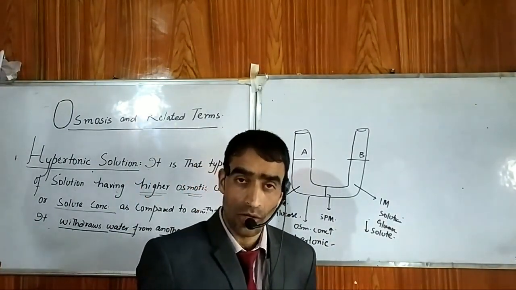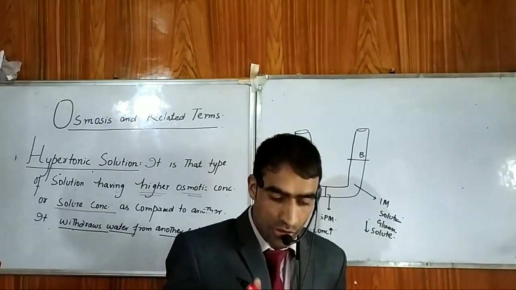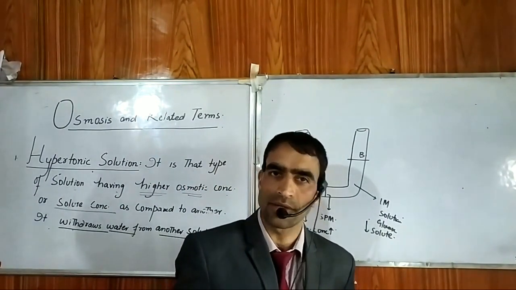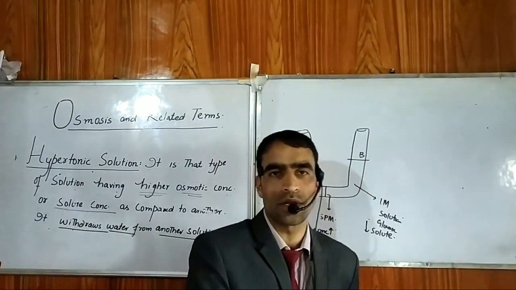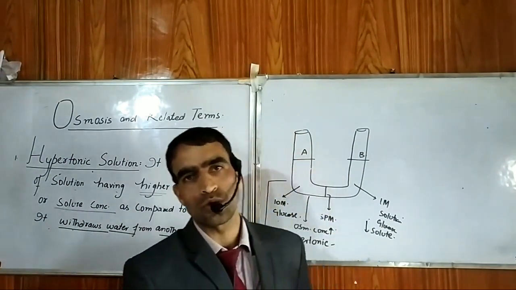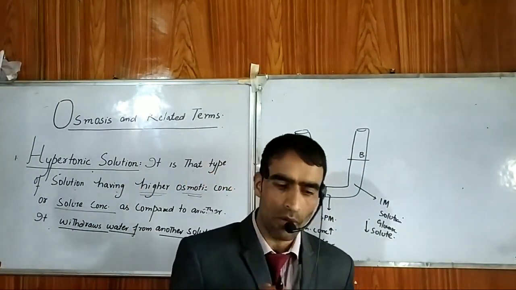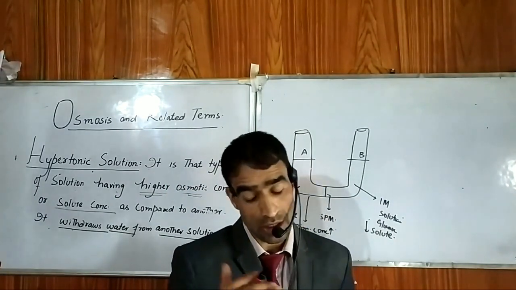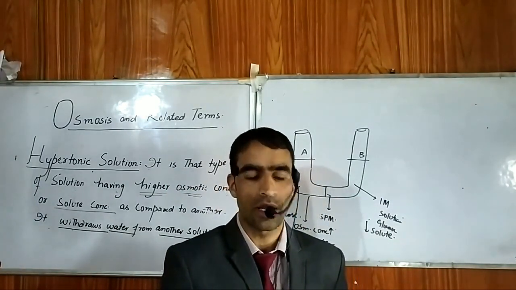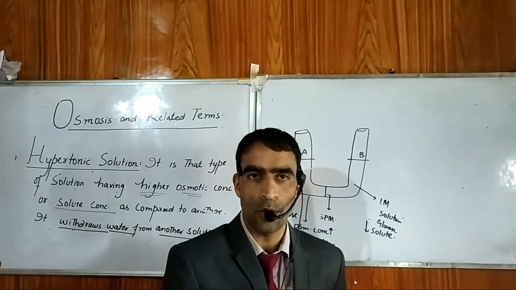Understood, beta? So the solution in which you have added more solutes, in comparison to another solution, that solution is hypertonic. So now your point is, never call any solution hypertonic unless another solution comes beside it; you have to qualify that it is hypertonic.